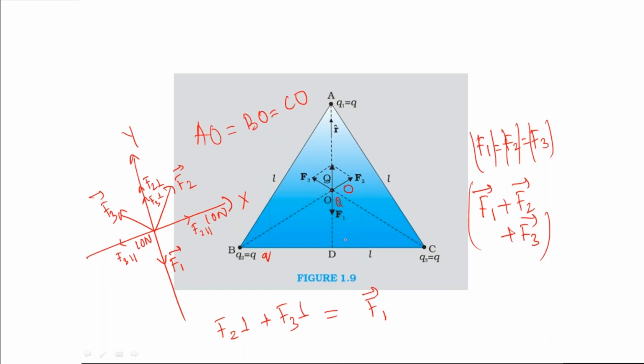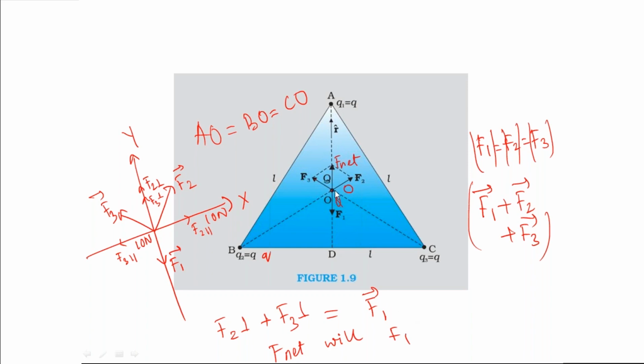So finally, this is F net. This F net will be cancelling whom? F1. Okay, F net will cancel F1, because these two are in opposite directions. They will cancel each other.